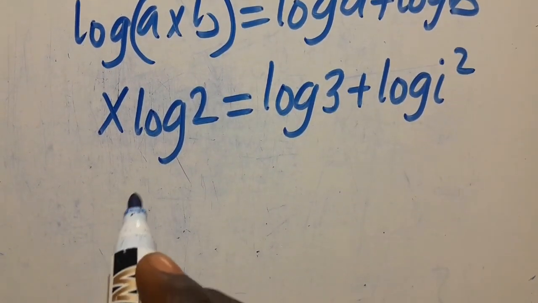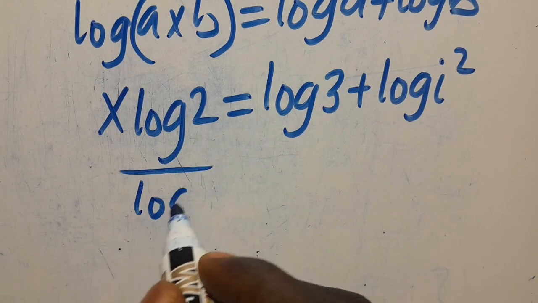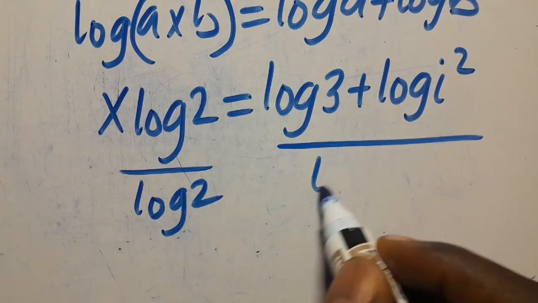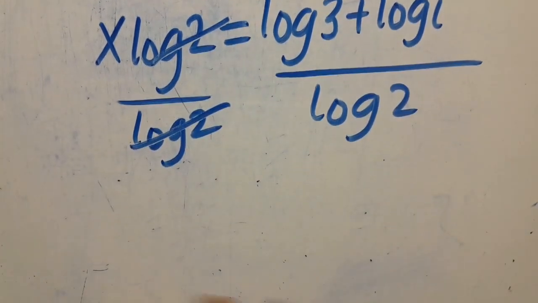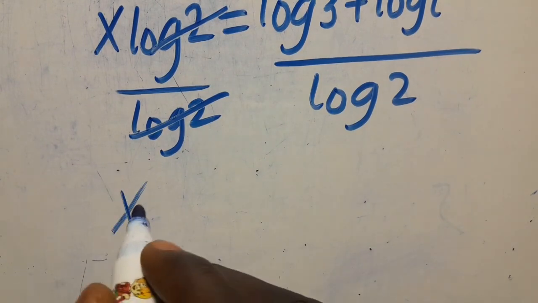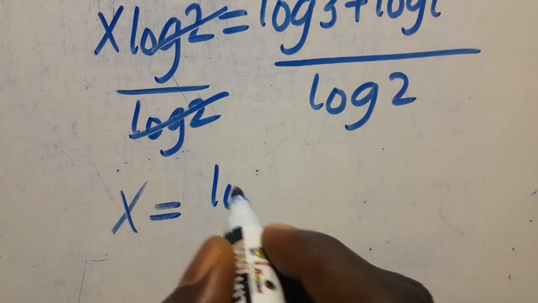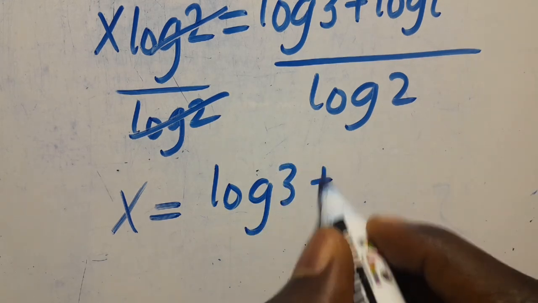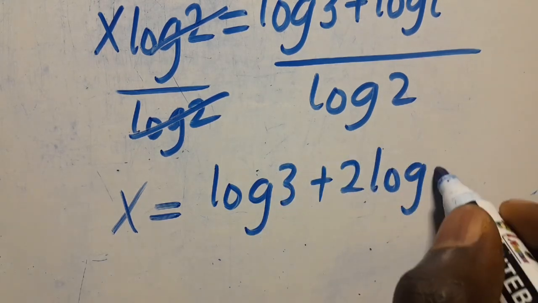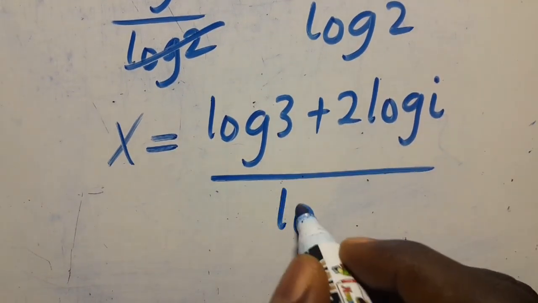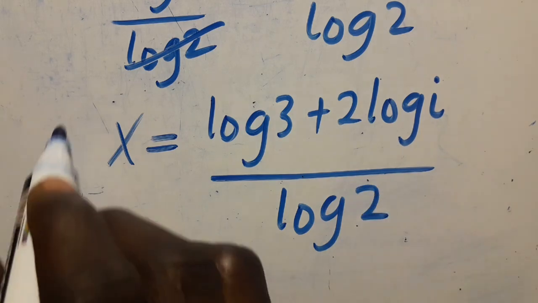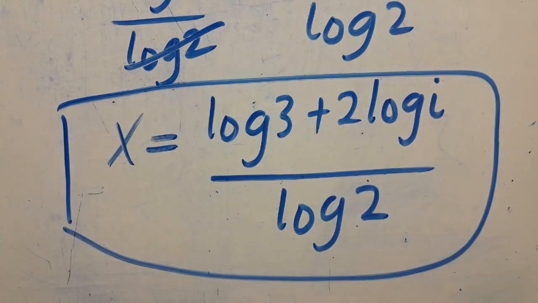So we have to divide by log 2. So this and this will cancel out. We have x equals log 3 plus 2 multiplied by log i, then divided by log 2. This is the complex solution for x.